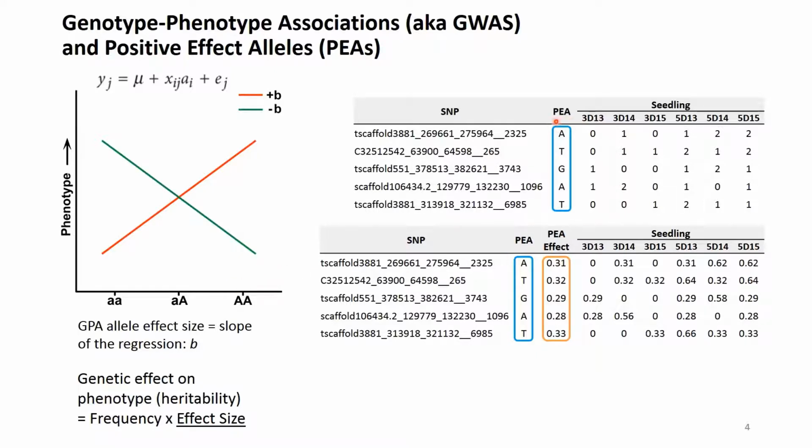For each locus, we can identify the positive effect allele, and we can calculate how many of those alleles each individual has at each locus. If we take those scores and multiply them by the effect size, then we obtain a seedling PEA score, a polygenic score associated with that seedling and that set of loci.